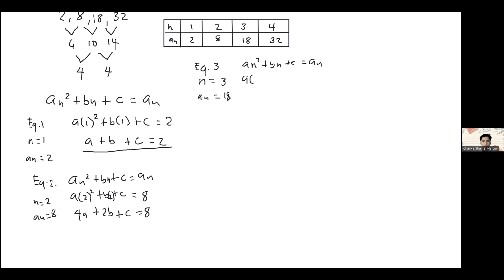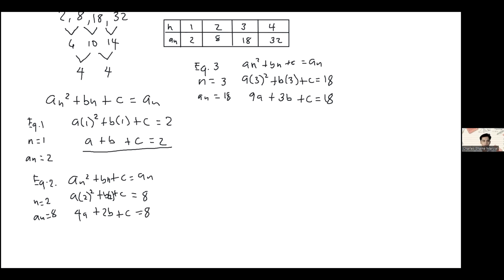A times 3 squared plus b times 3 plus c is equal to 18. Alright, so 3 squared is equal to 9. So we have 9a plus b times 3 is equal to 3b plus c is equal to 18. So ito naman yung general term or equation 3 natin.